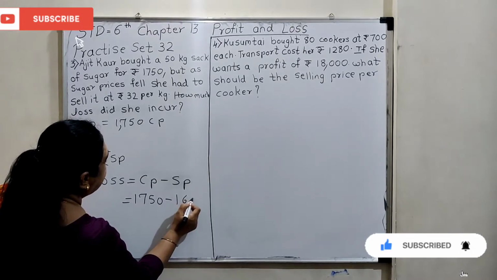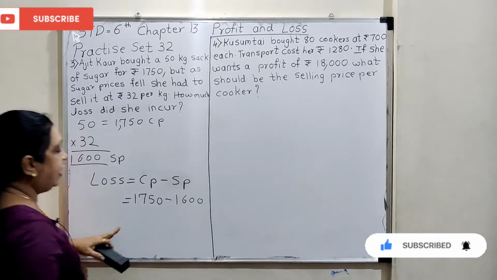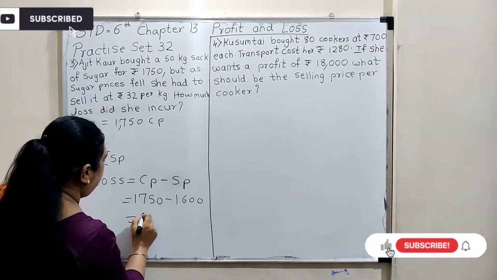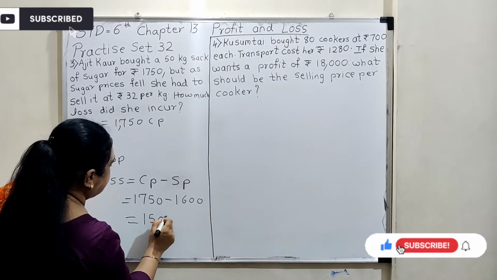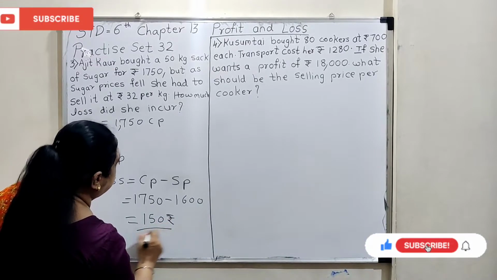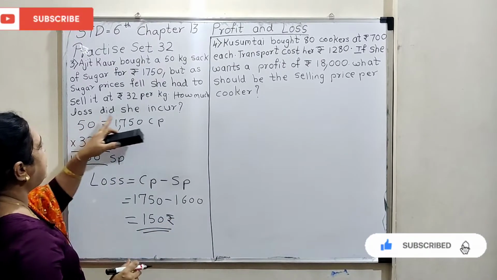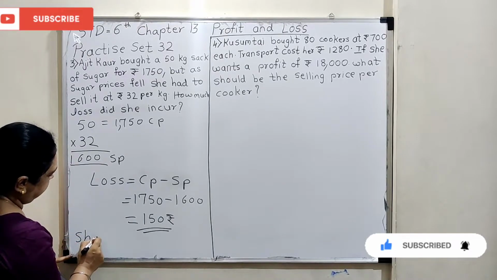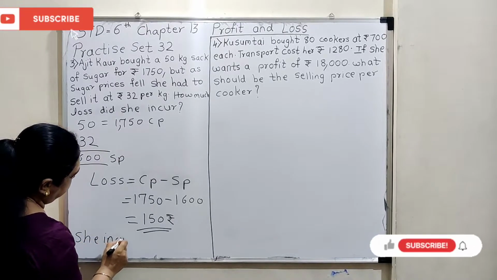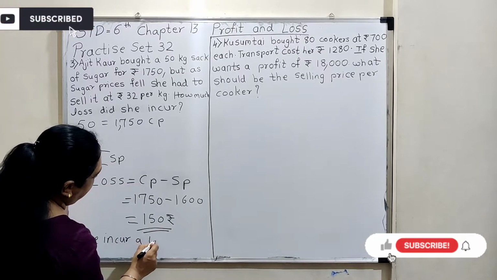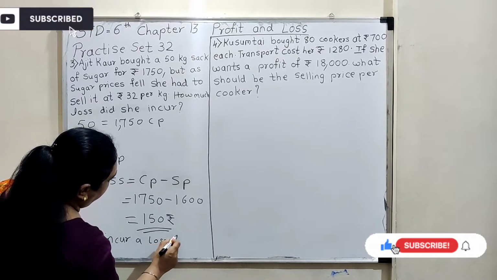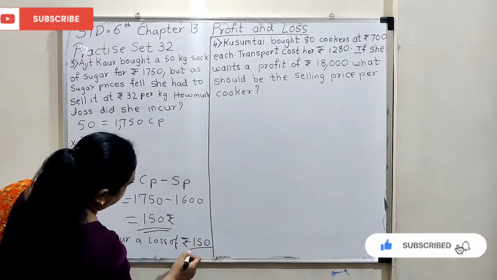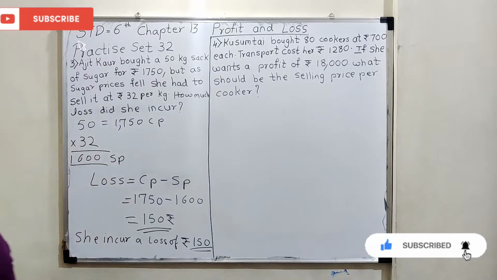She sold for 1,600. So how much loss did she make? She made a loss of 150 rupees. How much loss did she incur? She incurred a loss of rupees 150.